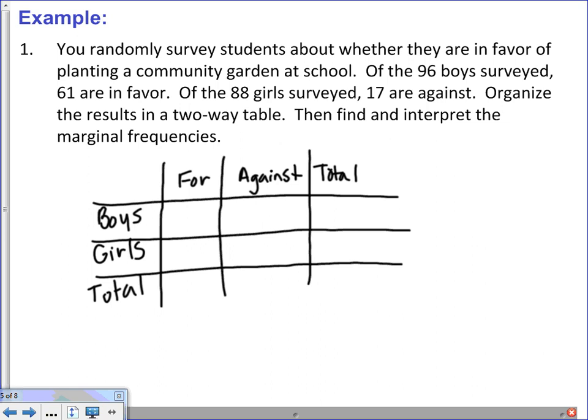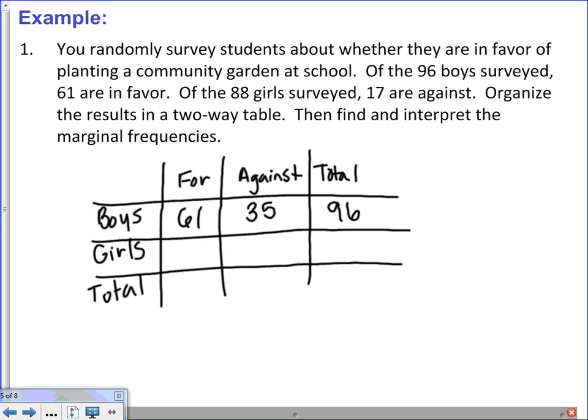So I can put 61 in the entry spot for boys who are for the garden. And I can put the number 96 in the total boys. And then through some reasoning there, we could say how many boys must be against this garden. 35. You got 96 minus 61.